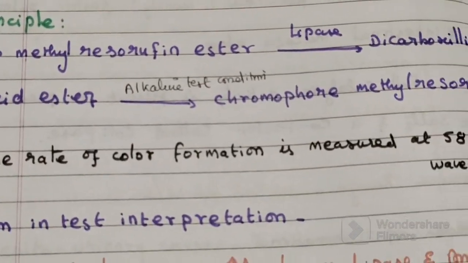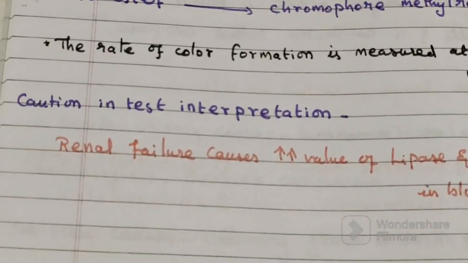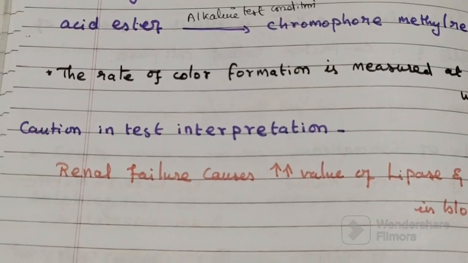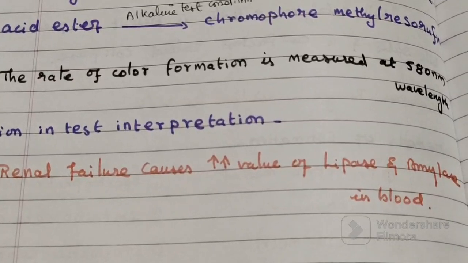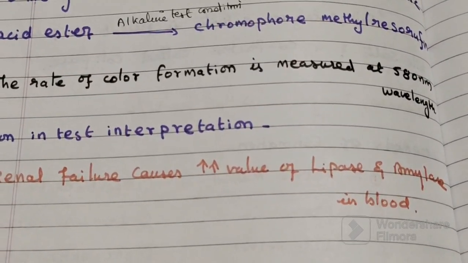The rate of color formation is measured at 580 nanometer wavelength. Caution in test interpretation: renal failure causes increased values of lipase and amylase in blood.